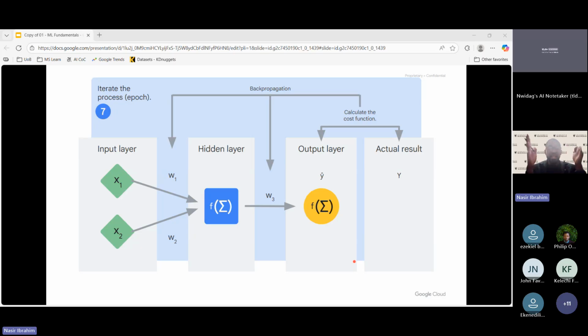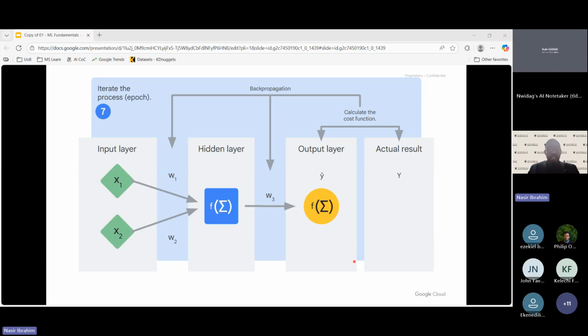If you have a higher number of epochs, it means that this process will go iteratively a higher number of times, and there is a likelihood that the higher the epoch, the lower the cost function would be. The weights or parameters are adjusted until the cost function reaches the optimum.